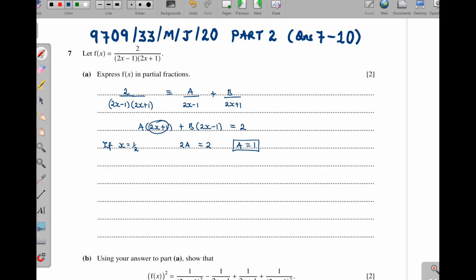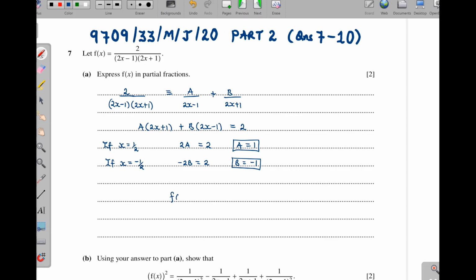Now, if we equate this one to 0, we shall get x being equal to negative a half. So this one goes, now we go to this one here. You get negative a half times the 2, you get negative 1. Then minus 1, that will be negative 2B, which is equal to 2. So meaning B is going to be equal to negative 1 when we divide all through by negative 2.